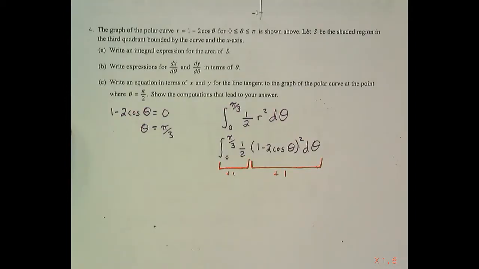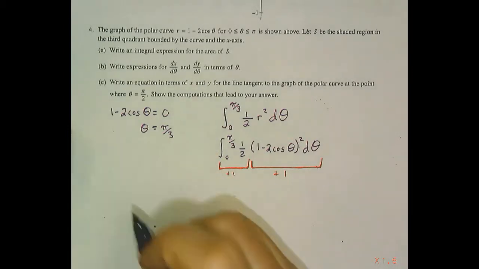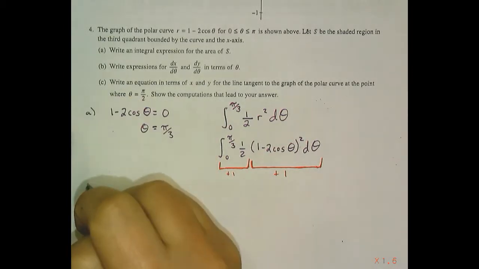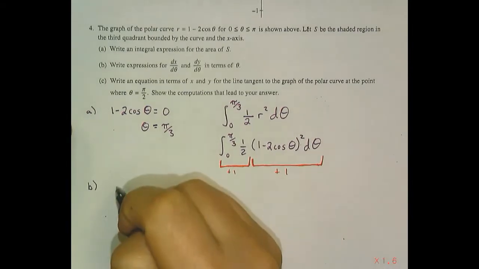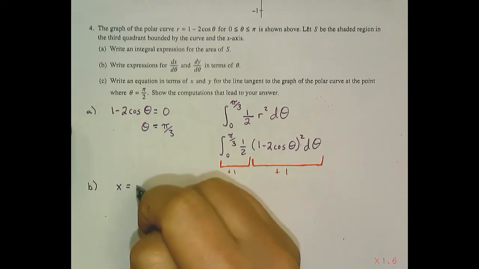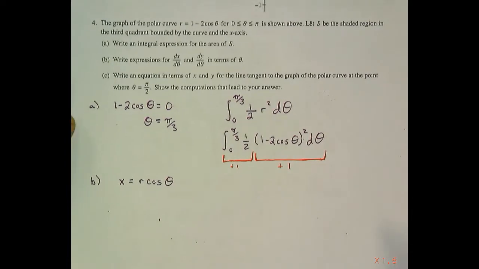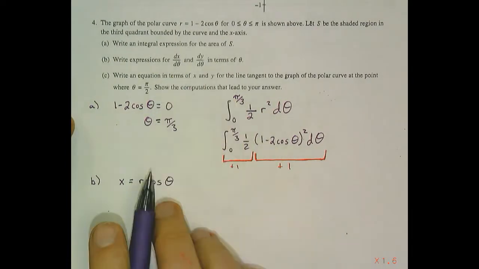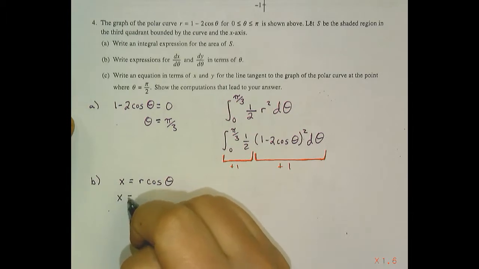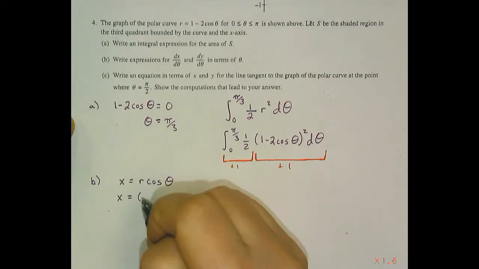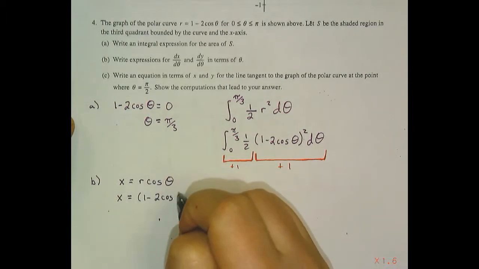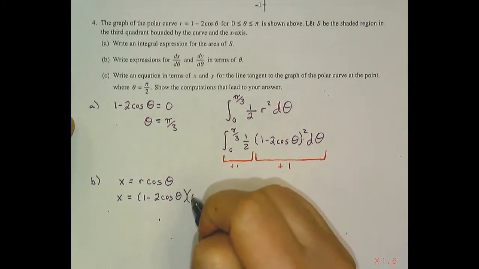Write expressions for dx d theta and dy d theta in terms of theta. So we should recall that x is considered to be r cosine theta. In that case, we have the radius curve, so the expression for x is 1 minus 2 cosine theta times cosine theta.